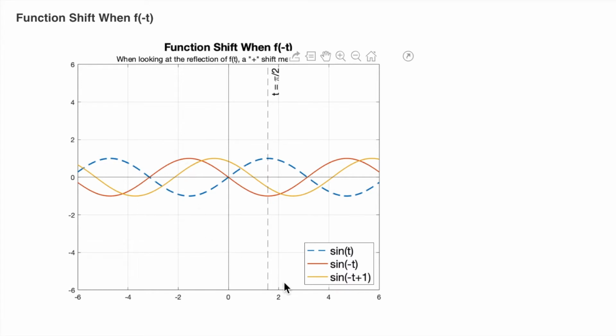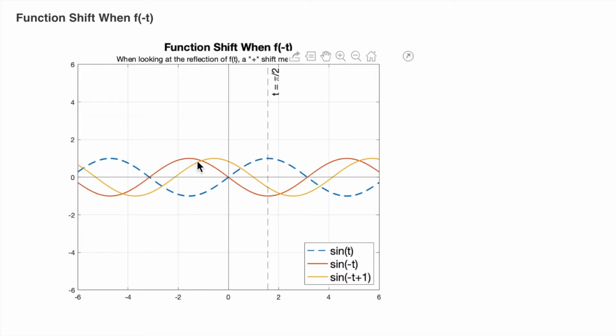Now, what does the yellow line look like? Sine minus t, so that's exactly the same as the red one, but with a positive shift of 1. So we've got sine of minus t plus 1. So normally, intuition should state that we move the function to the left, as we did previously. But that's not the case anymore.